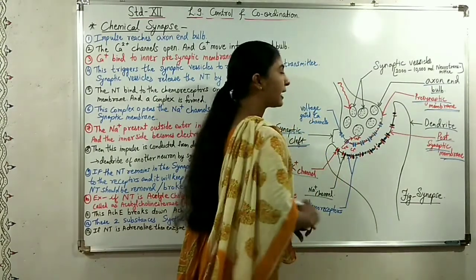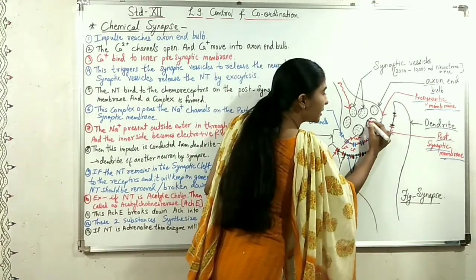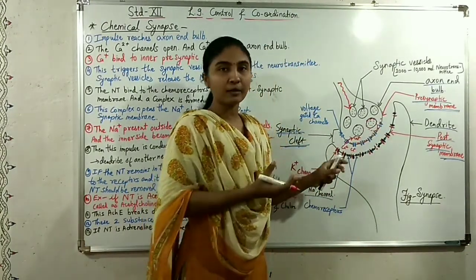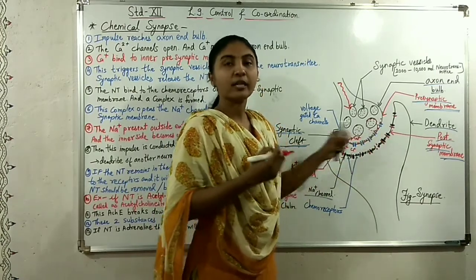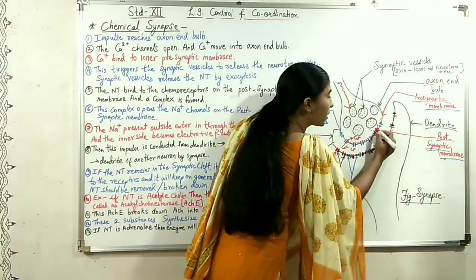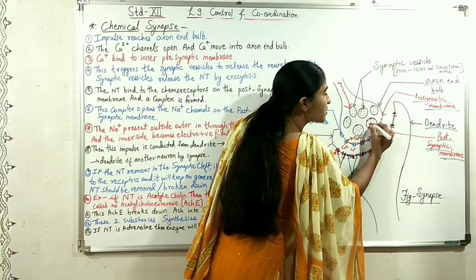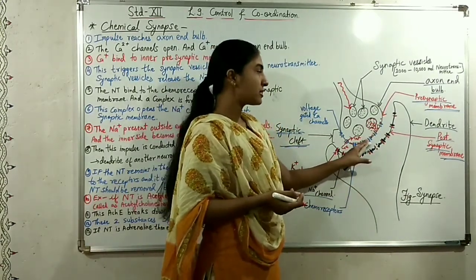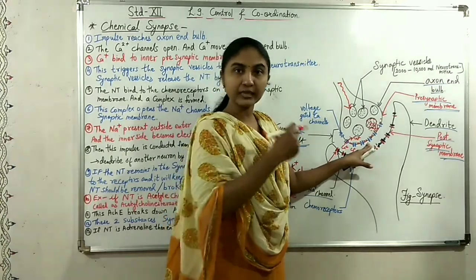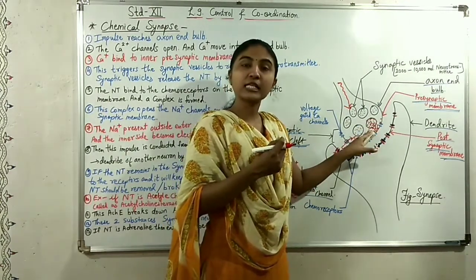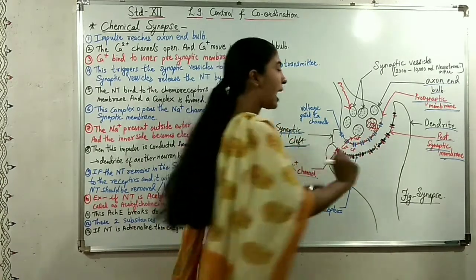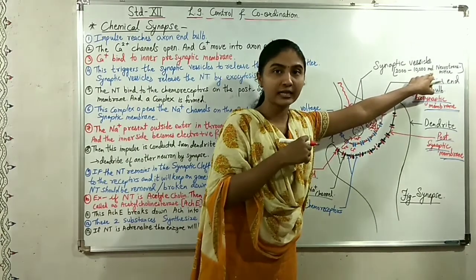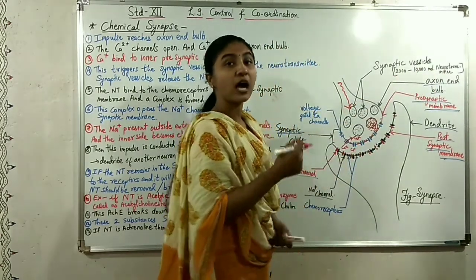As these vesicles reach the presynaptic membrane, they rupture, they get broken down, and the neurotransmitter molecules which are present inside them are released.